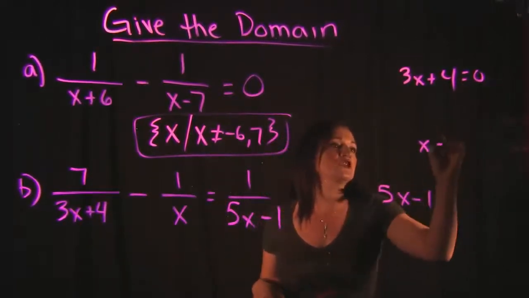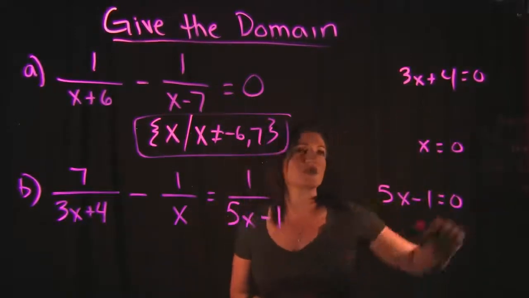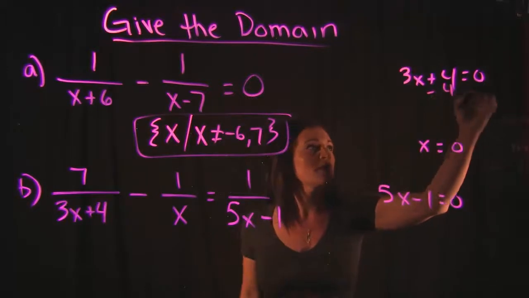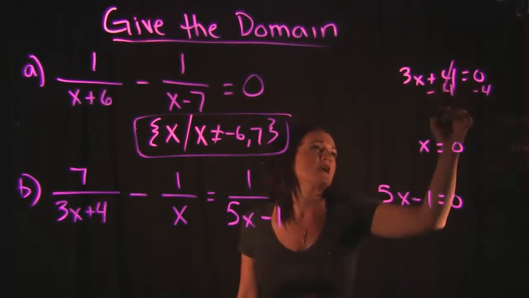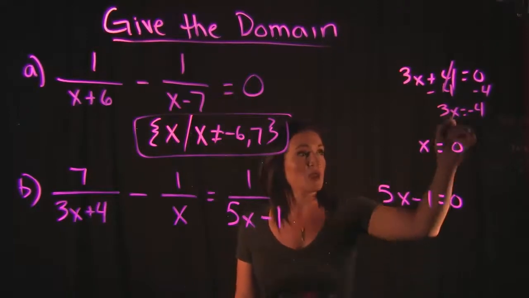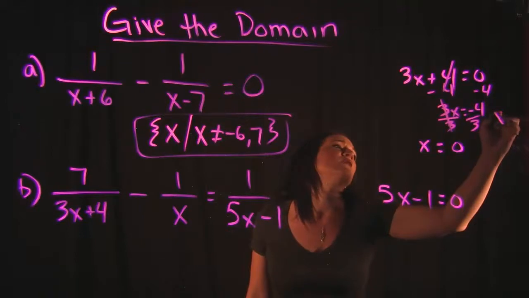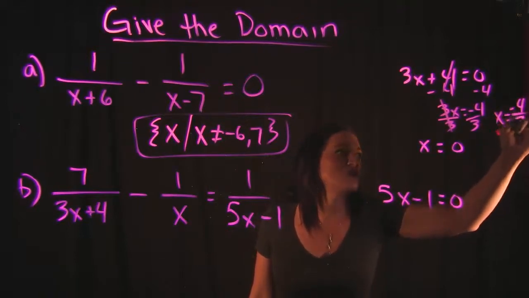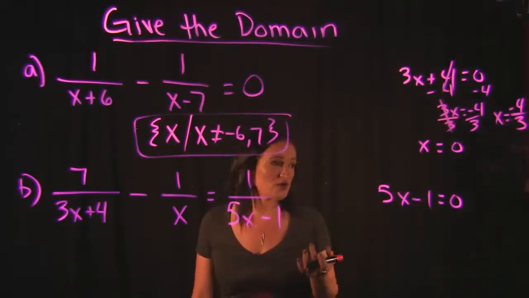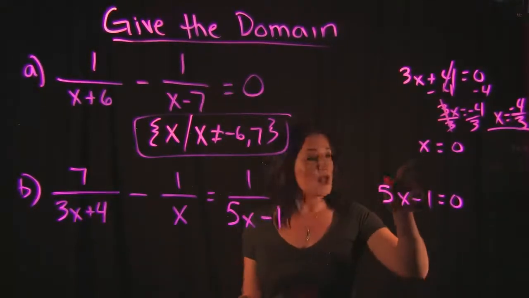We're going to set each one of these equal to 0 and solve. Starting with the first one, 3x plus 4, we're going to subtract that 4 on both sides, giving us 3x is equal to negative 4. And then we're going to divide out that coefficient on both sides, giving us that x is equal to negative 4/3.